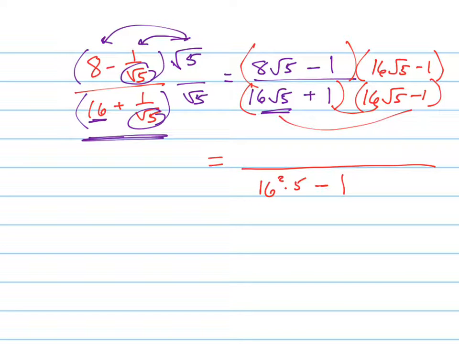So 16 squared is 256. 256 times 5 is 1,280. Another way you could do this, if you can't use the calculator, you can go 16 times 16 times 5 and break this 16 into 2 times 8 so that the 2 and the 5 make 10. And that would be a little bit easier. So then you're really just doing 16, you can break 16 into 8 times 2.